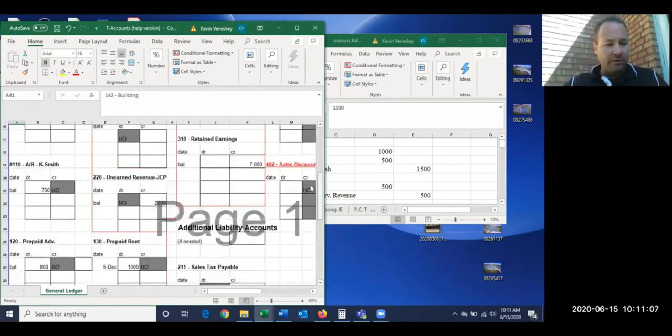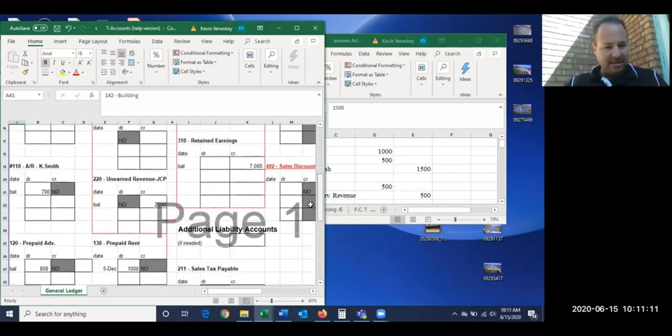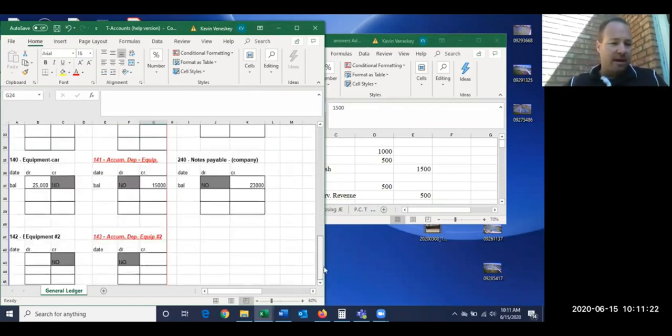Now what I would normally do, and it's not easy to do here, is put in space, but I don't like to because then it messes up the rest of them. If we had good software, we could easily just put in a new one. I'm going to come down knowing that this is account 111. It should be up at the top, and I could rearrange them later. This is AR T. Jones.